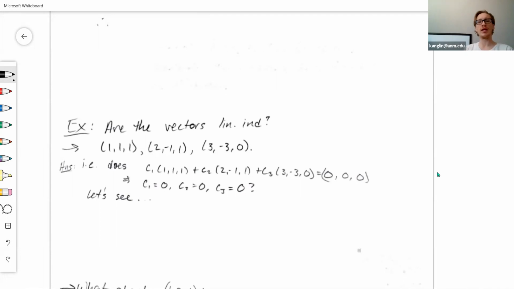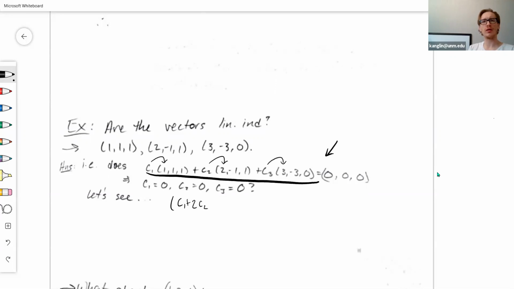Well, we're going to do the same thing here using rows that I did with columns in the previous example of the previous page. So if I actually add everything together on the left side of this equation, what do I really have? Adding first components, I have C1 times 1 plus C2 times 2 plus C3 times 3.